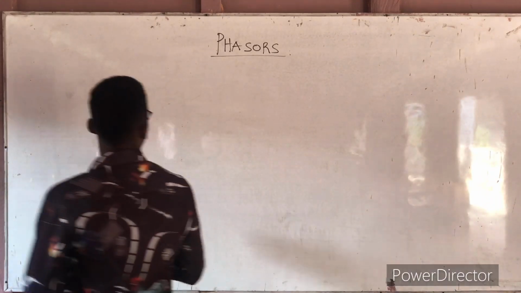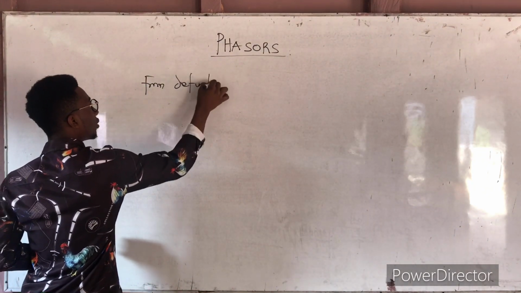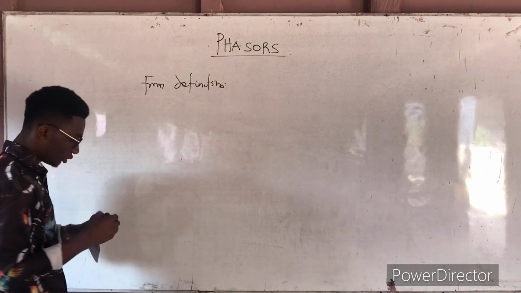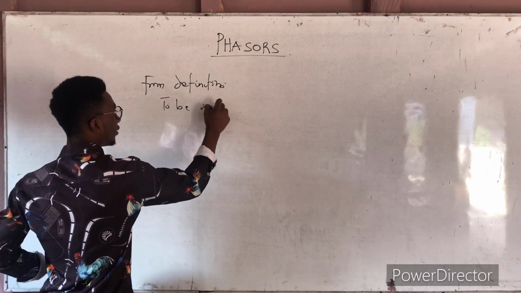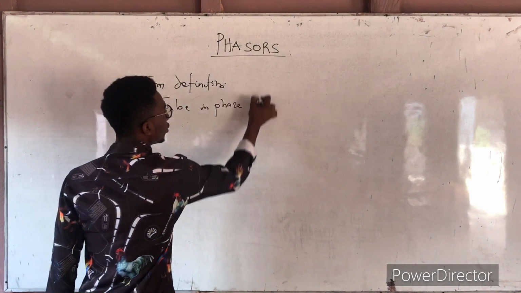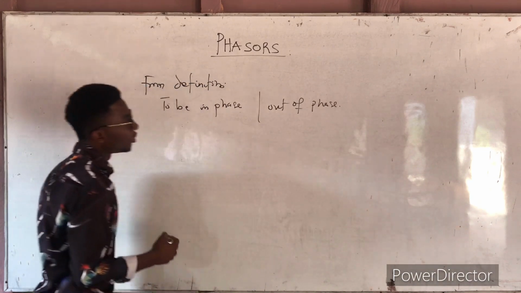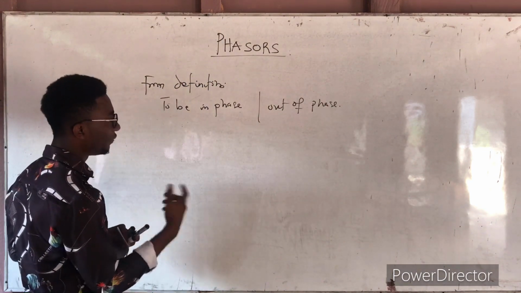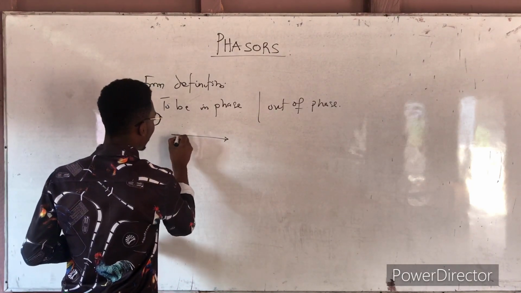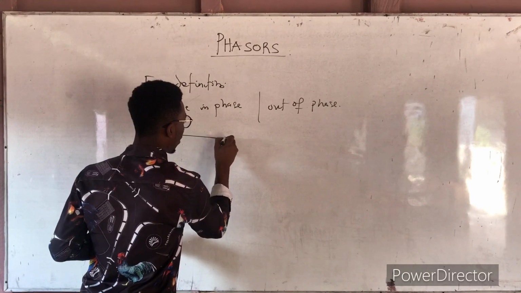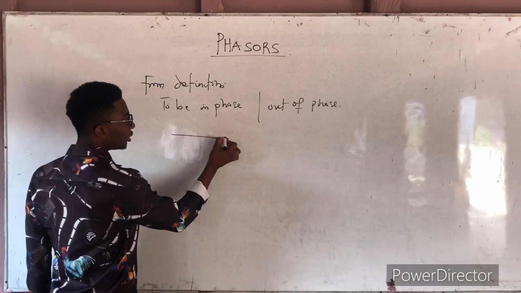Okay, so from the definition, there are two things you should understand here. One, what do we mean by to be in phase and to be out of phase? Now, when we say to be in phase, this is a phasor, a phasor length, and it is always denoted by an arrow.